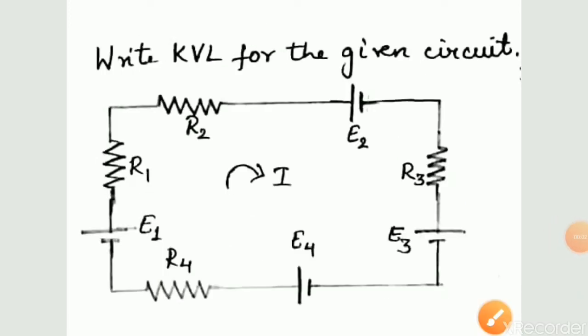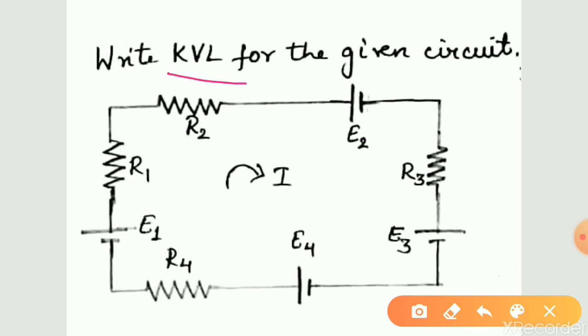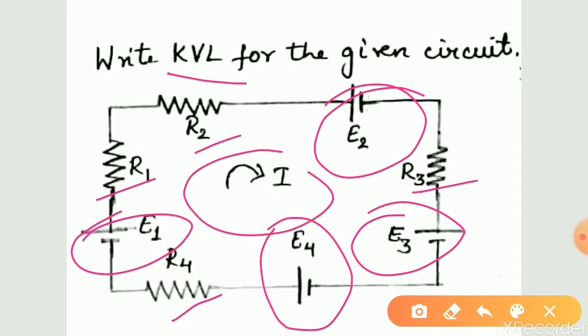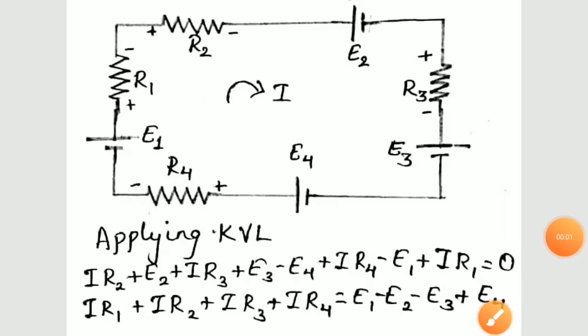Let us go through one more numerical where we need to write the KVL equation for the given circuit. Here we have resistors R1, R2, R3, R4, and we have sources E1, E2, E3, E4 and the current flowing through the circuit is I. We need to write the KVL equation for the circuit.